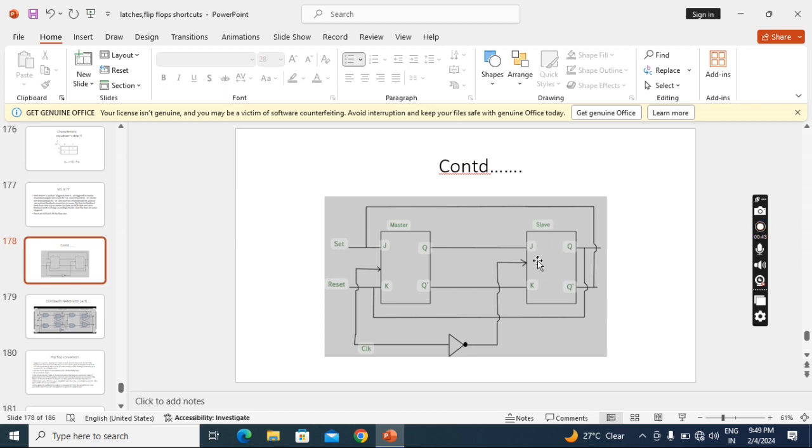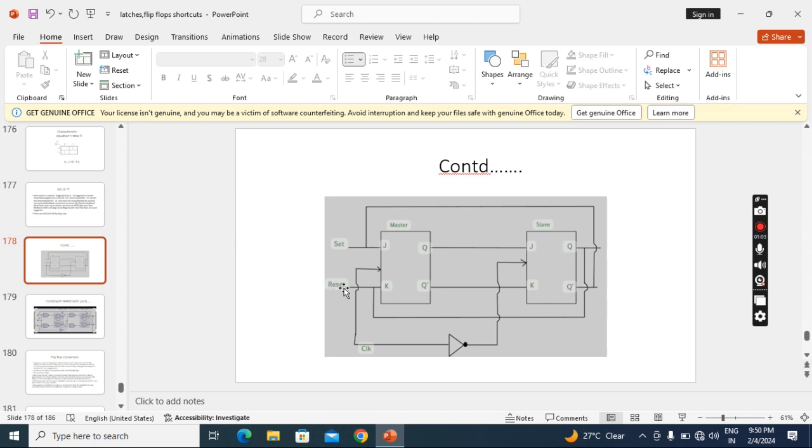Why is this called slave? Because it works based on the output of the master. It depends on the output of the master. That's why it is called slave. This master is a positive triggered flip-flop. This slave is a negative triggered flip-flop.